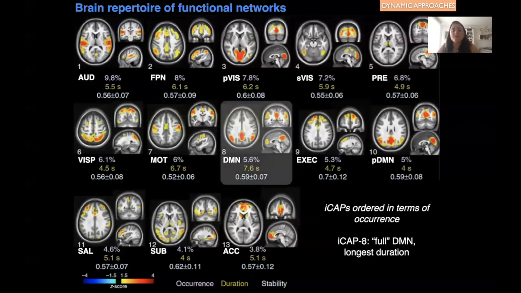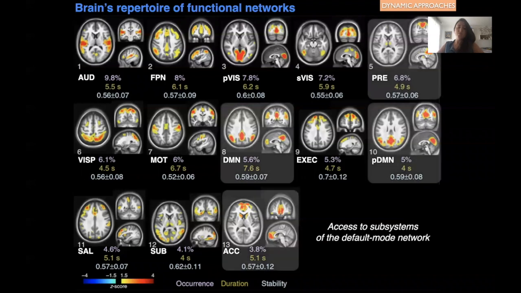And this is an example of the iCAPs that are retrieved during resting state from a healthy population. As you can see, we have a match with well-known resting state networks that we can recognize. For example, the iCAP that recurs, that has the longest duration, is the one highlighted here. So it's the DMN, which makes sense.